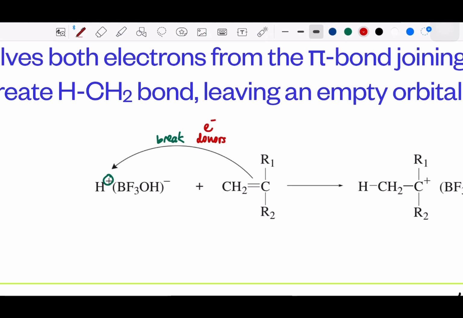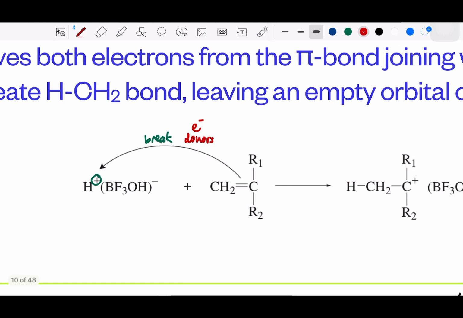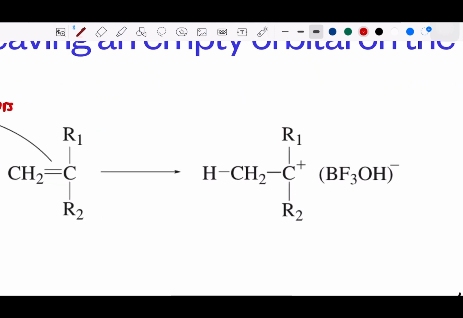The electrons within this double bond will be considered as a donor, so we take the electrons and move them to this positive ion. In the result, we are going to have this, and then we still have another active center, and this will also polymerize.